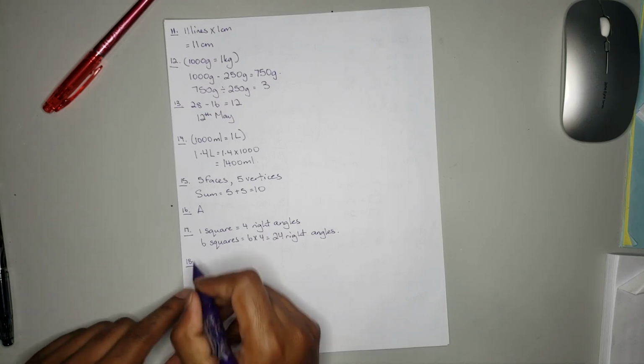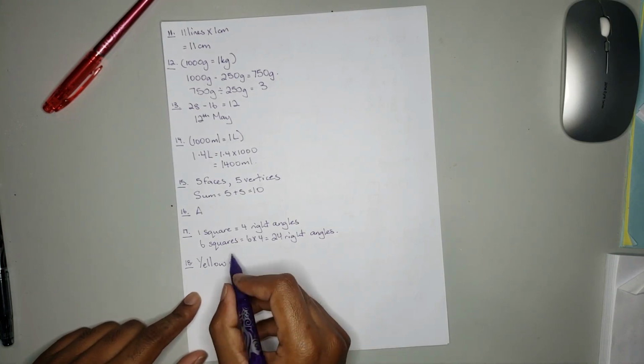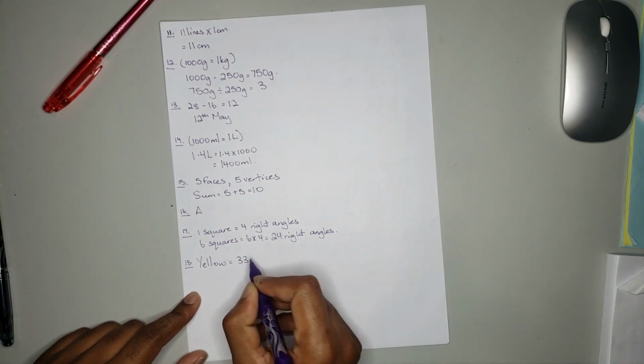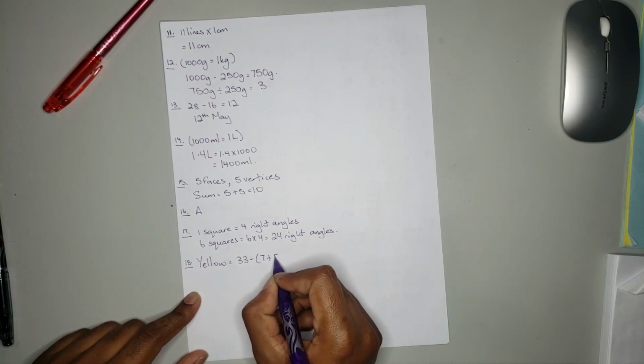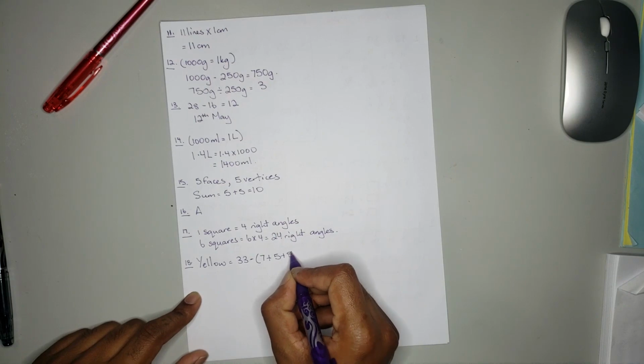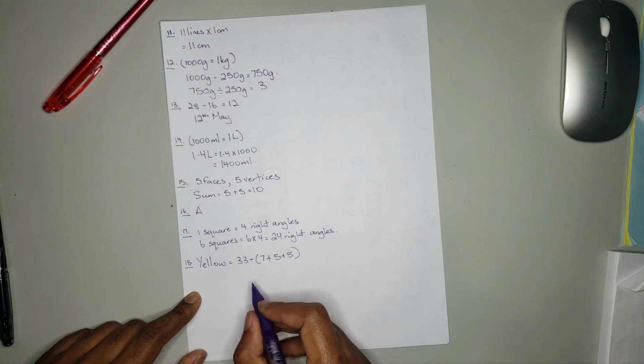So to find out what yellow is, it is equal to the total, which is 33, taking away the known amounts, which is red, 7, plus blue, 5, plus green, 8. So 33 take away 7 plus 5 plus 8, and you will get 13.